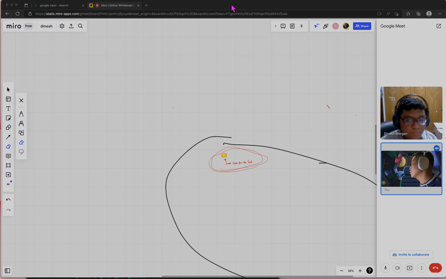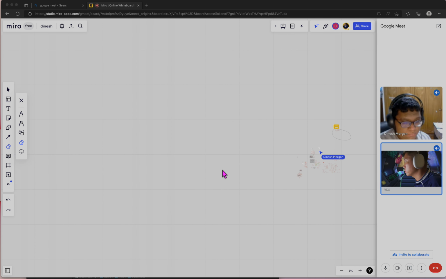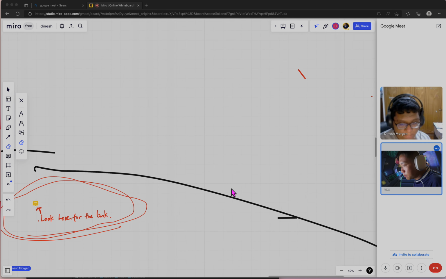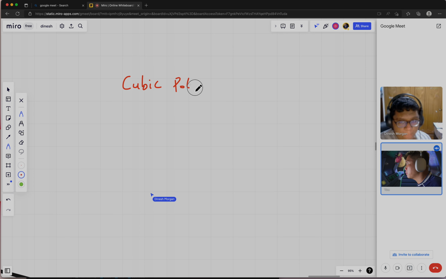So for polynomial, it can't be too hard, because for polynomial, basically, let's assume a cubic polynomial, which is very popular.